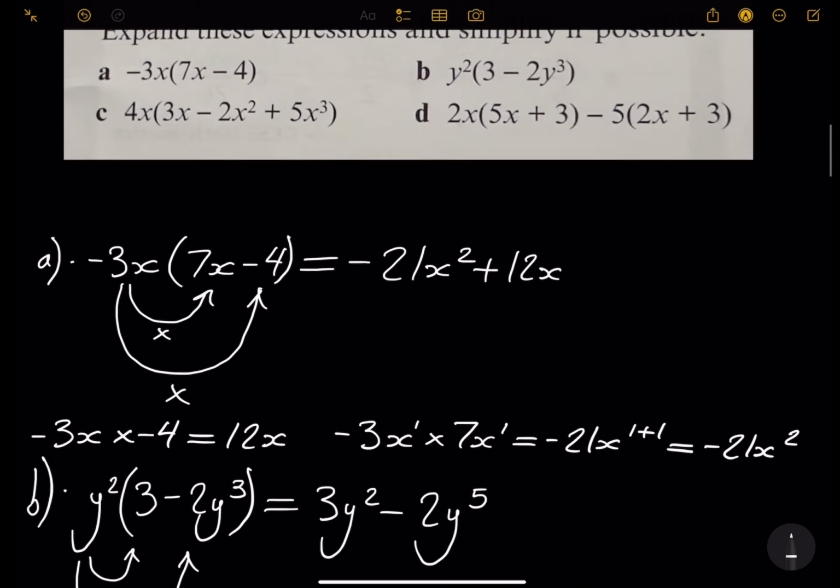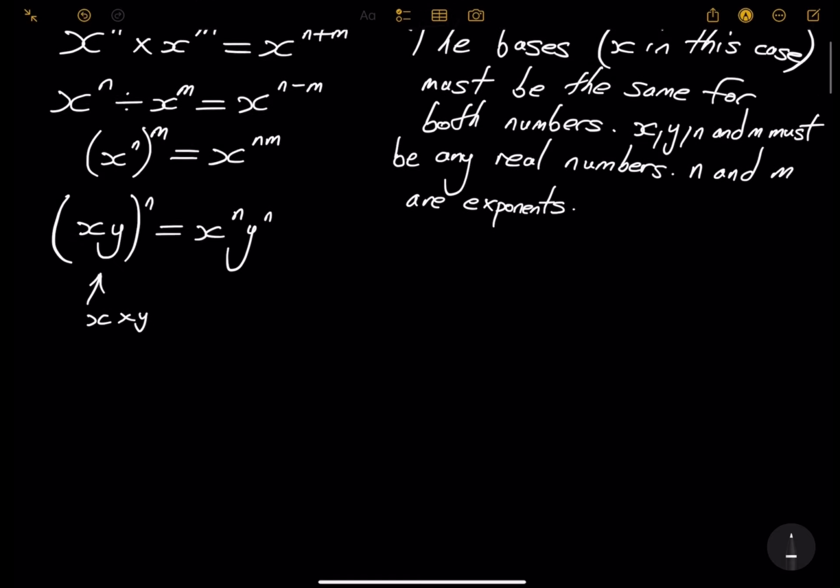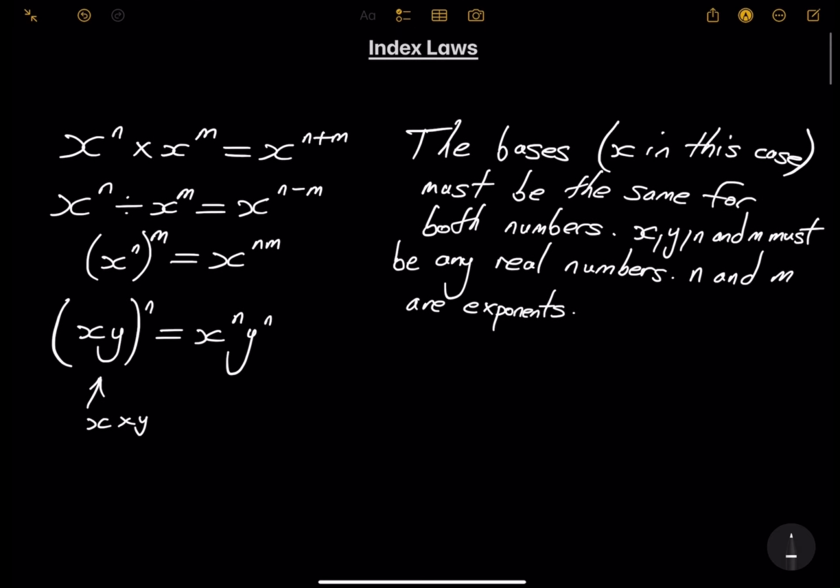So to summarize, there are basically 4 index laws. So one for addition, one for subtraction. The addition one is when we multiply two numbers which have the same base raised to arbitrary exponents. We subtract when we divide two numbers with the same base raised to arbitrary exponents.